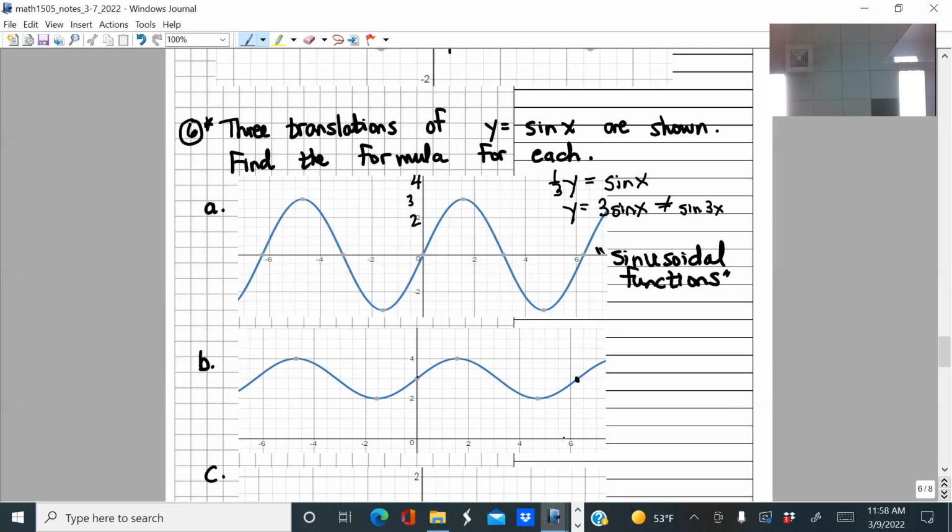Which is probably 2 pi. So this has not been compressed, okay? This has not been compressed, or stretched, at least not horizontally. Has it been stretched vertically? No. Okay. It's been shifted, but it hasn't been stretched, okay?